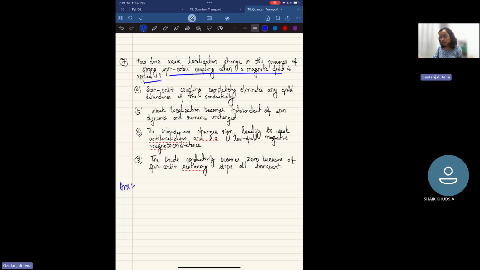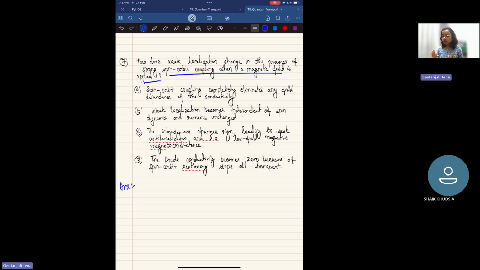Option B, weak localization becomes independent of spin dynamics and remains unchanged. Option C, interference changes sign, leading to weak antilocalization and a low field negative magnetoresistance. Option D, the conductivity becomes zero because of the spin orbit scattering, which stops all transport. Which one of the following do you think is the right answer?